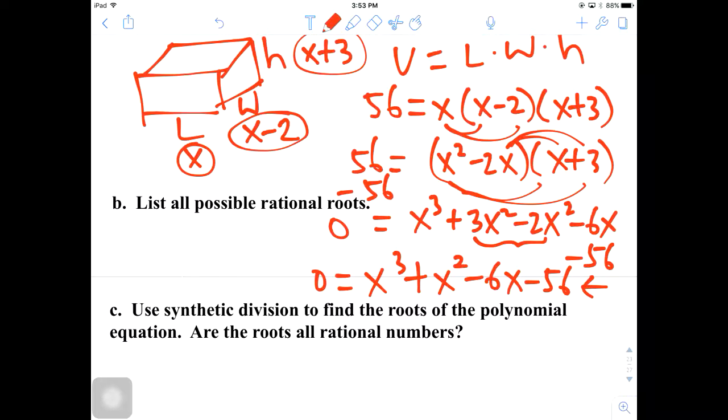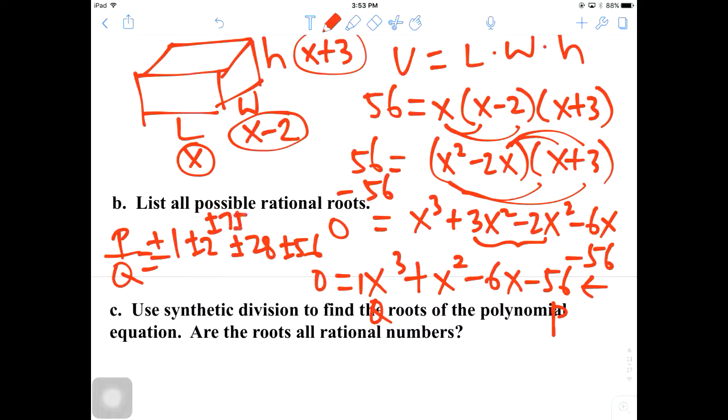It says list all of the possible zeros. So again, we're going to start with the P over Q method. Q is equal to 1. So P over Q is going to be plus or minus 1, 56, 2, 28, and I believe there is 7 and 8.